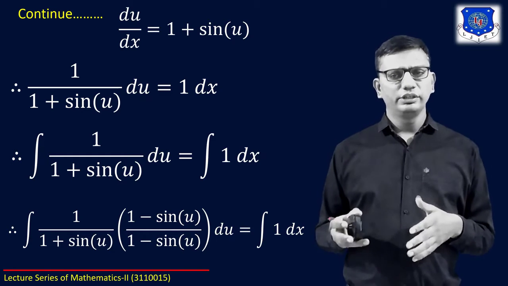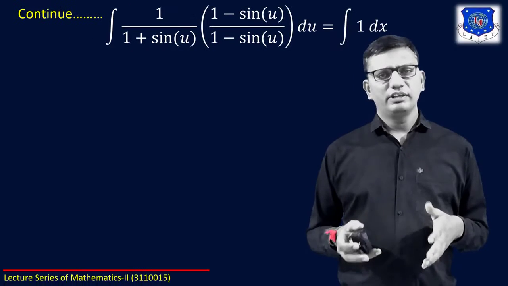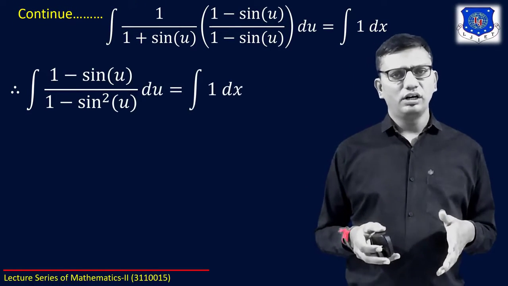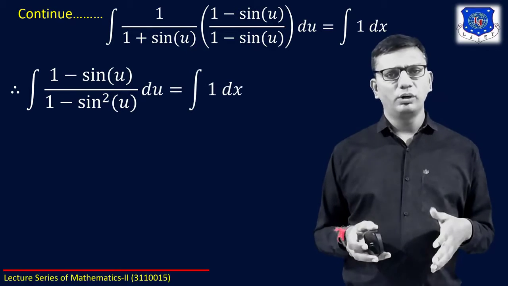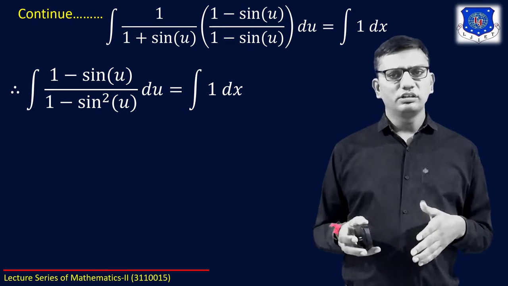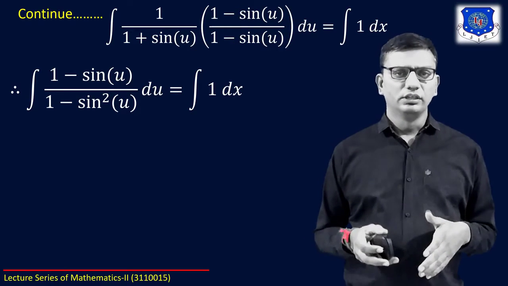Then we get integration of 1 minus sin u upon 1 minus sin square u du equal to integration of 1 dx.